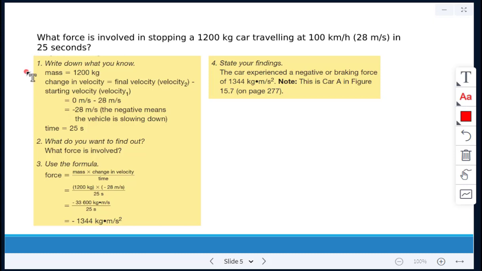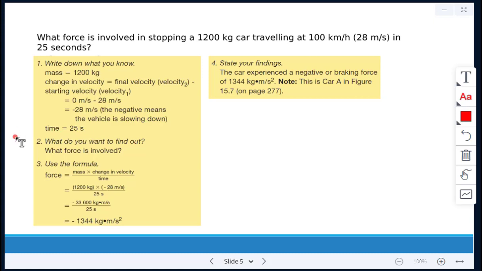We know the change in velocity because the final velocity is 0 meters per second and the starting velocity was 28 meters per second. So if we do 0 minus 28, that gives us negative 28 meters per second. And basically that negative just means that the vehicle is slowing down. And the time is 25 seconds.